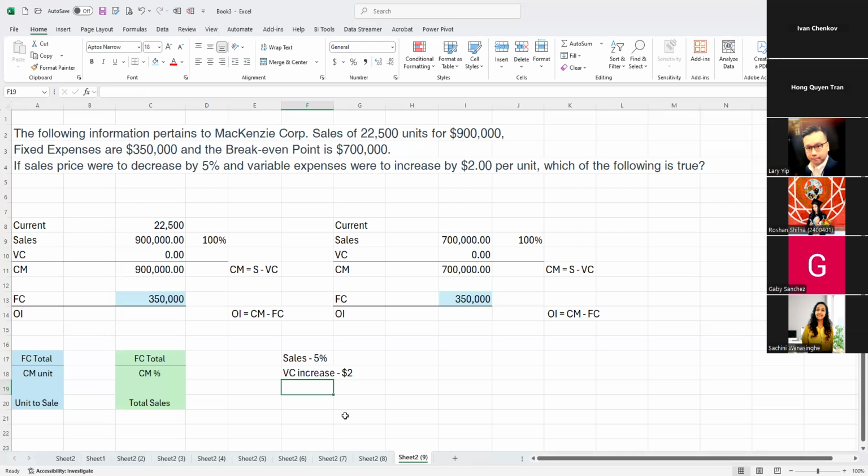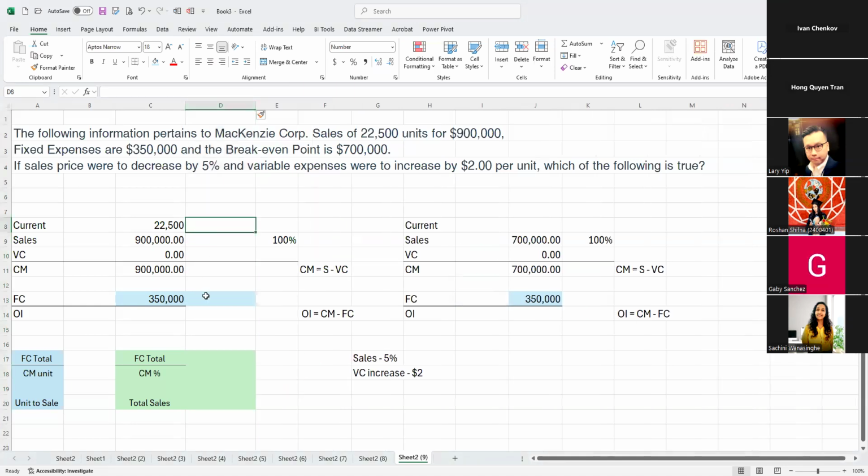Now, question for you. Can I get my sales price per unit? Yes.